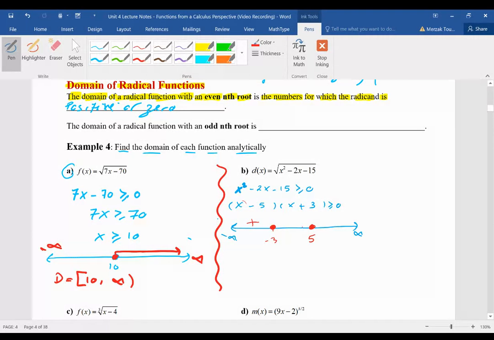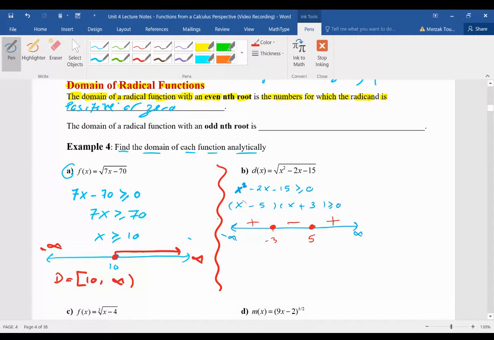Now we can choose a number between -3 and 5, a 0. 0 minus 5 is negative. 0 plus 3 is positive. The product is negative. Let's choose a number from 5 to infinity, say 10. 10 minus 5 is positive. 10 plus 3 is positive.